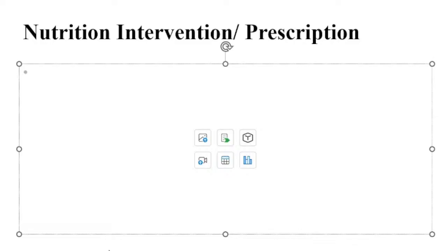I would increase fiber intake by including fruits and vegetables. And the third intervention, I would include physical activity three times a week, starting from 15 to 20 minutes at the top, and increasing gradually. So those are my three interventions that I can start. Yeah, thank you.